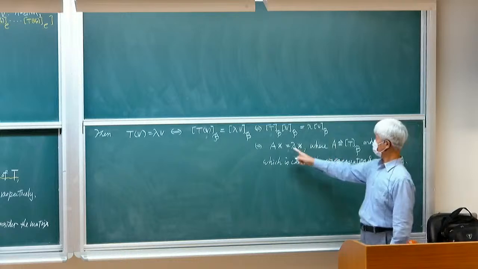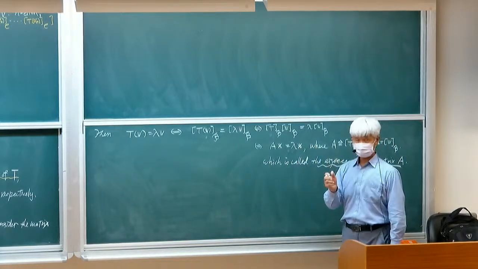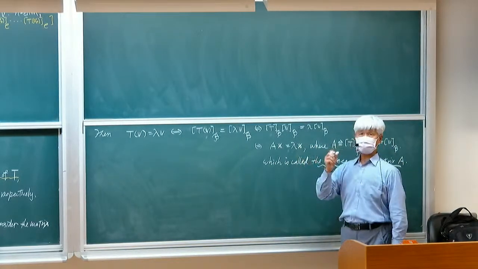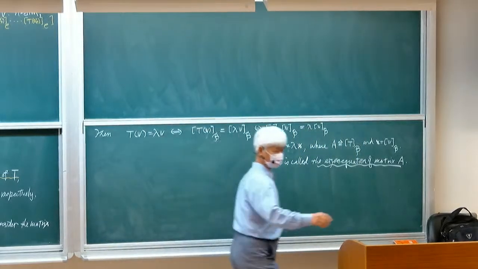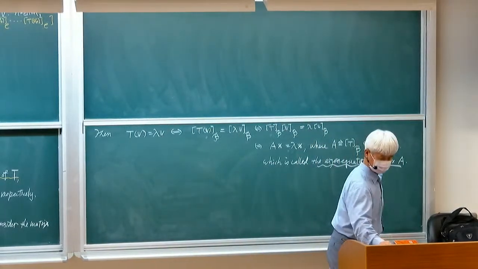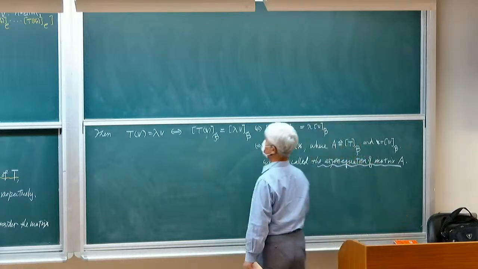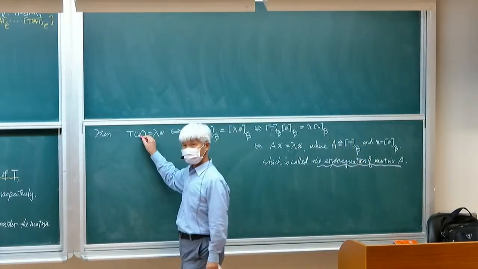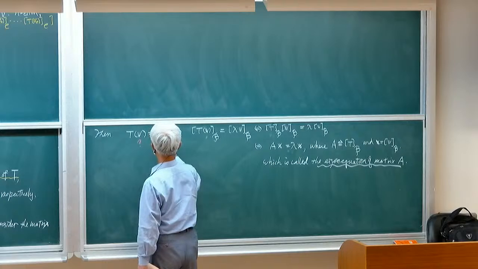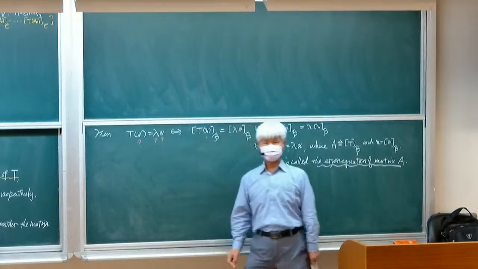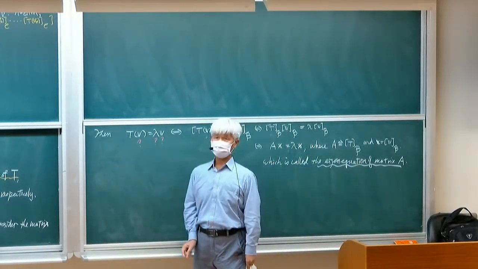So in here, lambda is unknown. The X vector is also unknown. So in this eigen equation, V is unknown, lambda is unknown. Only T is known.